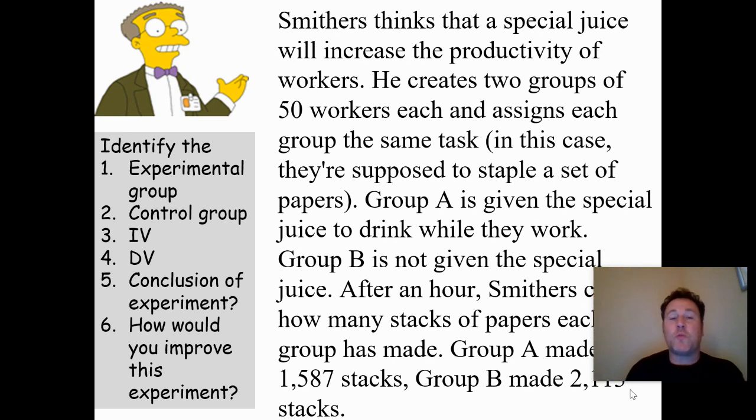So Smithers should randomly select workers from the nuclear power plant, and then randomly assign them to either group A or group B. Otherwise, you've got issues like that video I showed you about the soccer players versus the hockey players, where they didn't randomly assign the two to the alcohol and the non-alcohol group. That's a problem, and that's a problem with this experiment here.